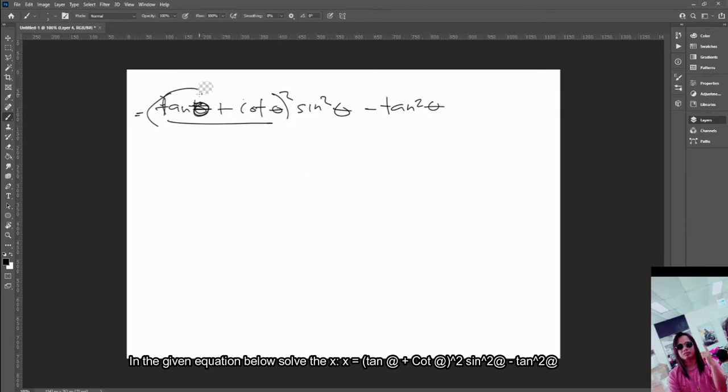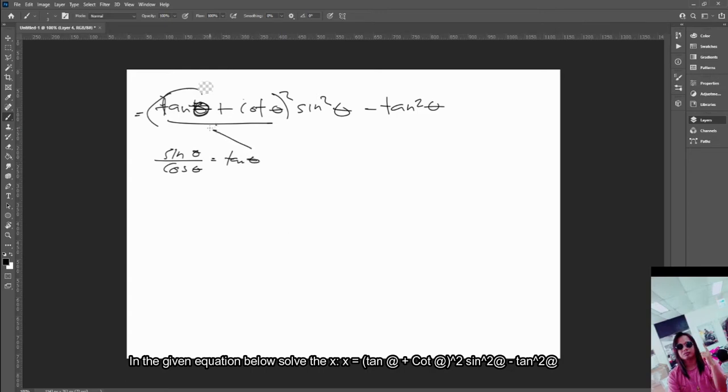So we can find an expression equivalent to this. The expression equivalent to this is sine theta over cosine theta, which is also equivalent to tangent, same here.